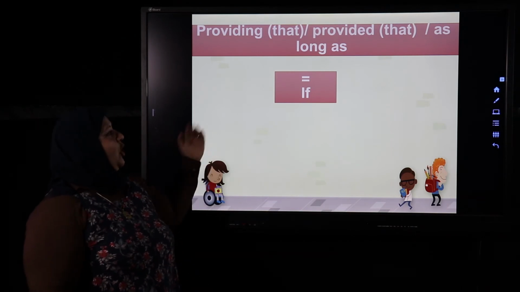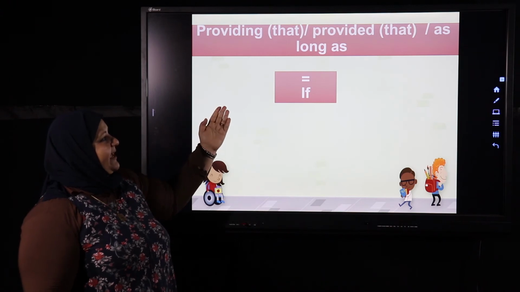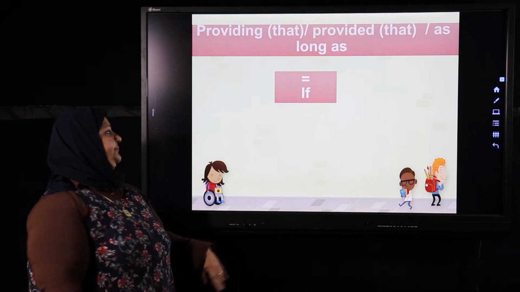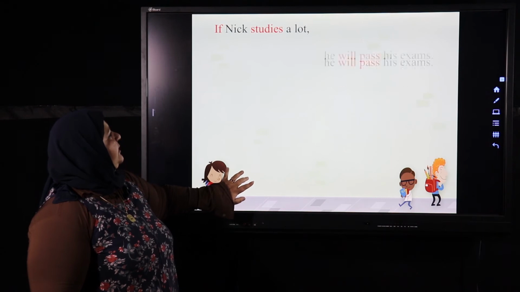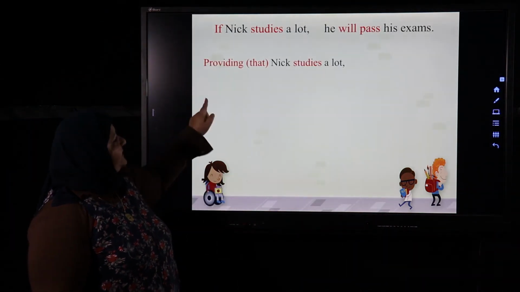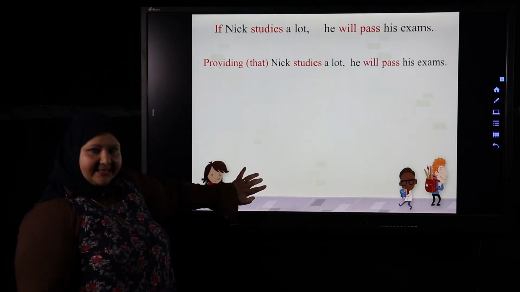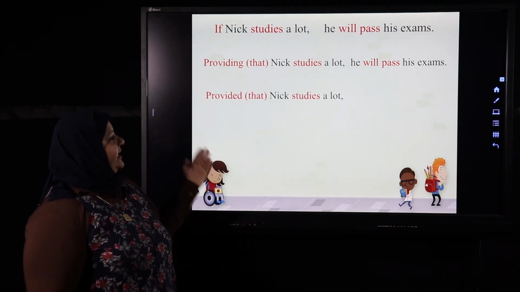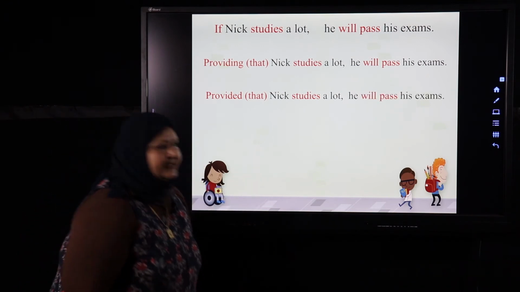Okay. Also, we can use provided that, providing that, or as long as instead of if. Like this example: if Nick studies a lot, he will pass his exam. Providing that Nick studies a lot, he will pass his exam. Provided that Nick studies a lot, he will pass his exams.